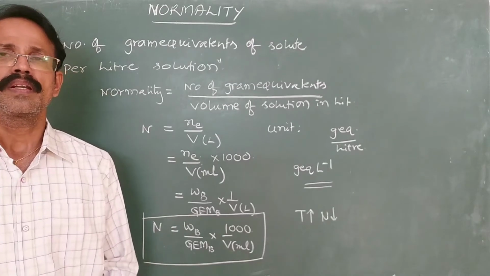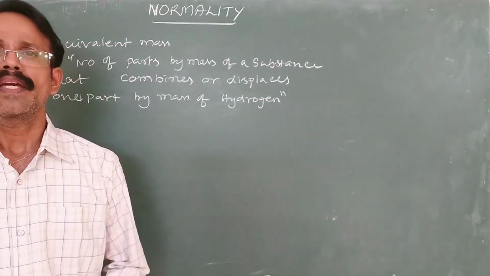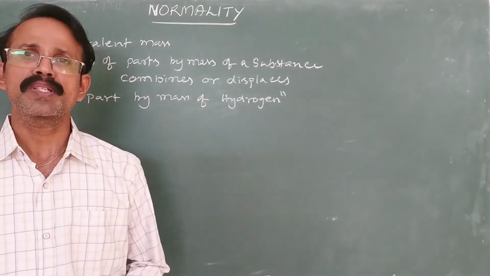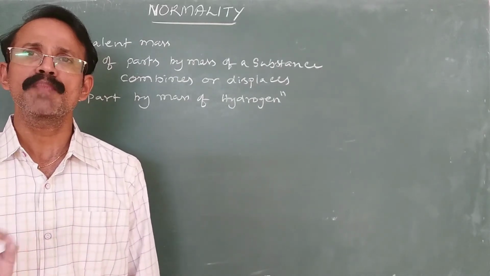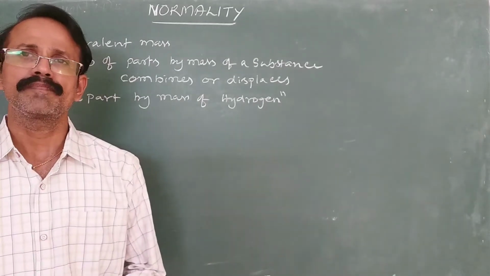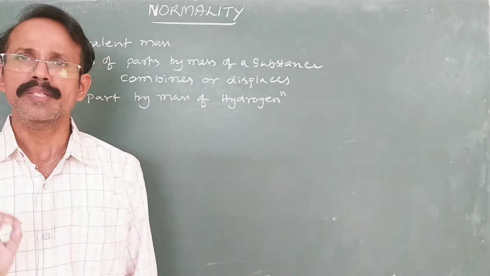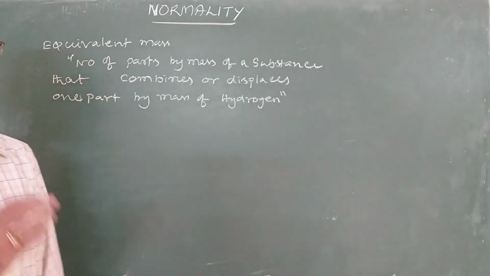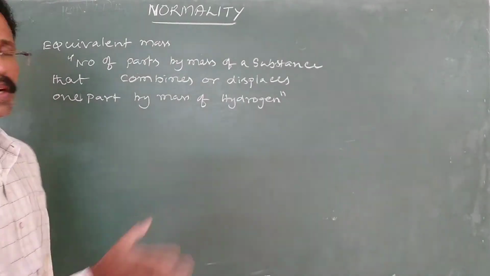Now we'll see how to calculate equivalent weight. Equivalent mass of a substance is the number of parts by mass of that substance which combines with 1 part by mass of hydrogen, directly or indirectly. I repeat, it is the number of parts by mass of a substance that combines with or displaces 1 part by mass of hydrogen, directly or indirectly, right?